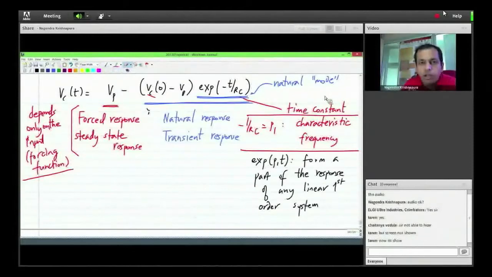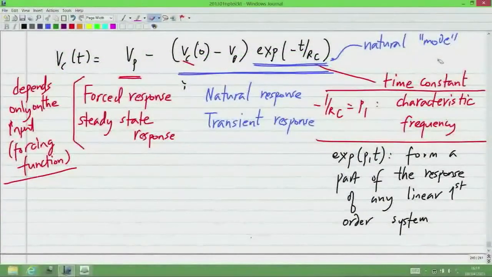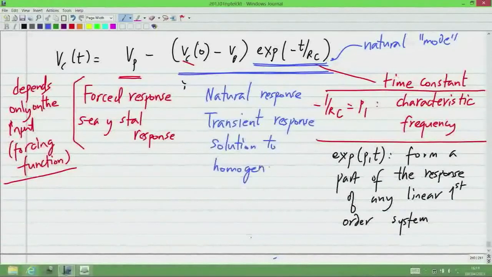And another terminology you hear, particularly in relation to differential equations in mathematics, is this is the solution to the homogeneous equation, and this is the particular integral.